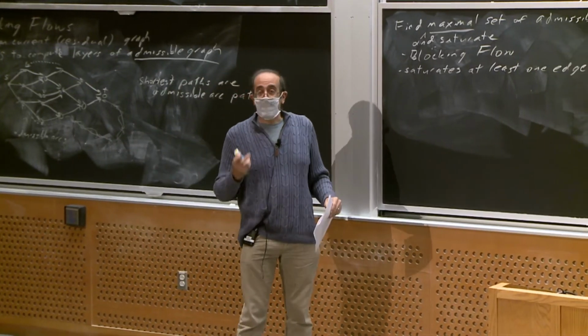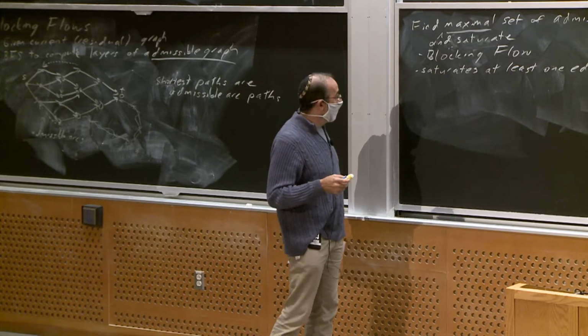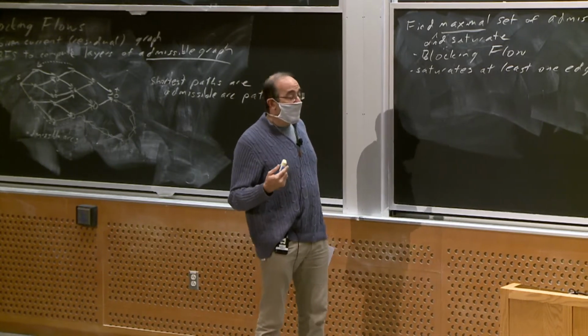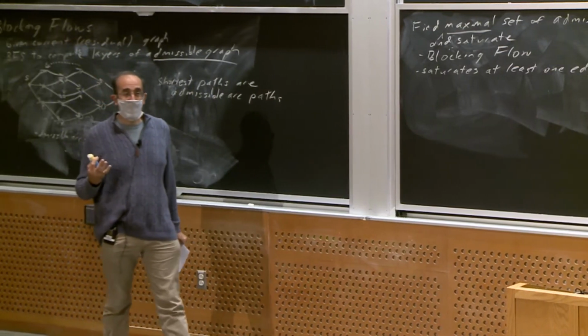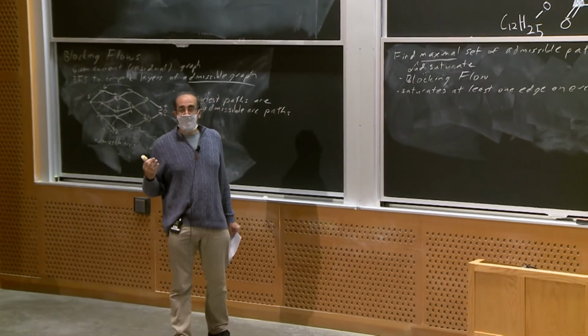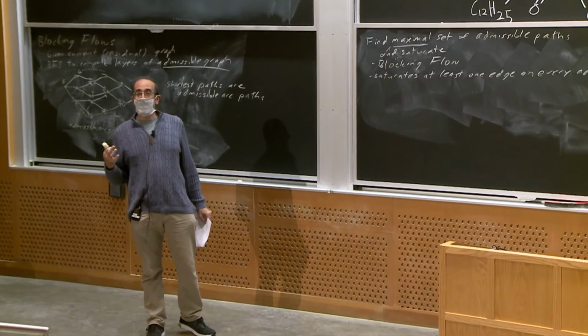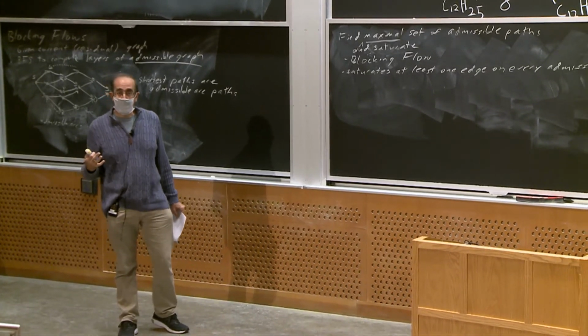What is its benefit? Well, suppose that we have found a blocking flow, okay, and we send all of that flow. What changes in the residual graph as a result of that blocking flow?